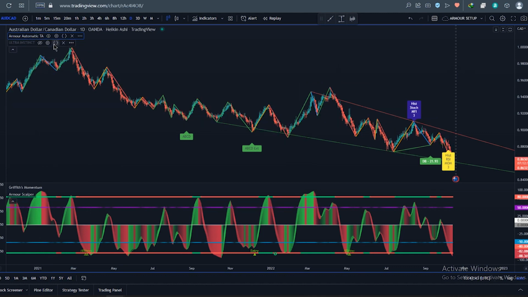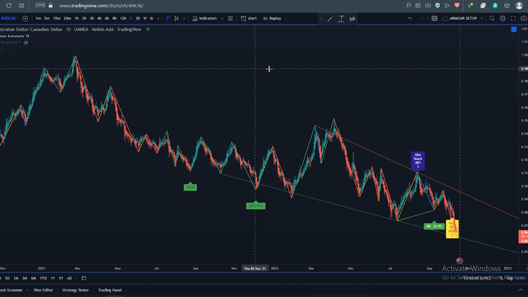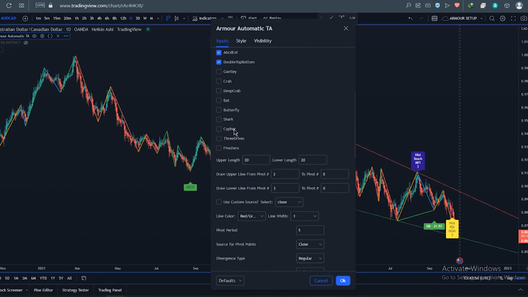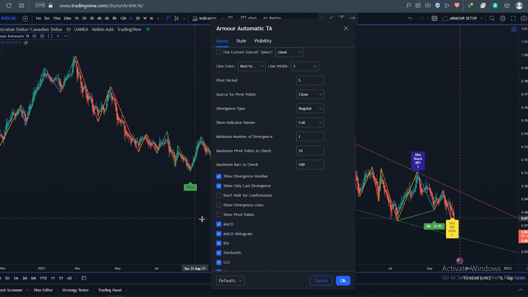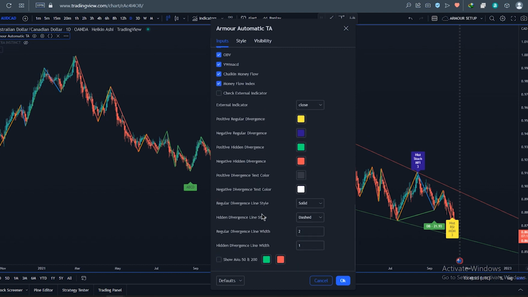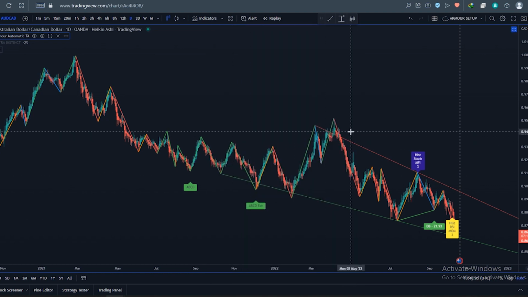Everything is enabled, but it's only loaded with certain settings. Go to inputs, use the exact same settings that I'm using on my screen. Just check certain boxes and uncheck certain boxes. Click OK, then you are good to go.